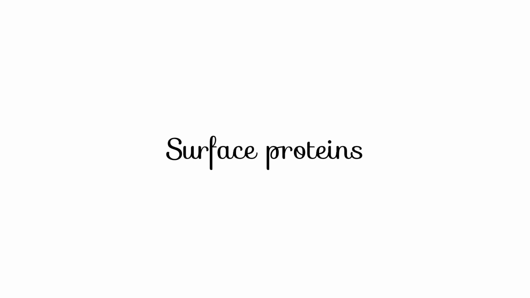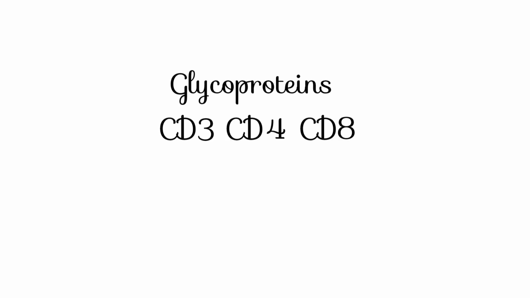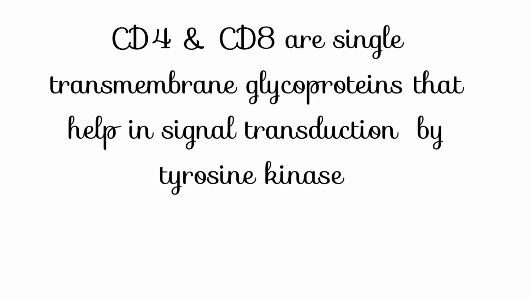The T cells are characterized by the surface molecules that they carry, and these include some glycoproteins, which include the CD3, CD4 and CD8 molecules on their surface. The CD4 and CD8 molecules are transmembrane glycoproteins that consist of a single polypeptide, and they may be involved with the signaling via tyrosine kinase.